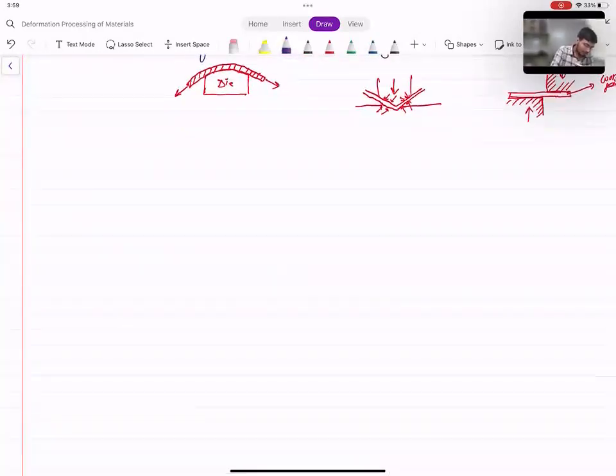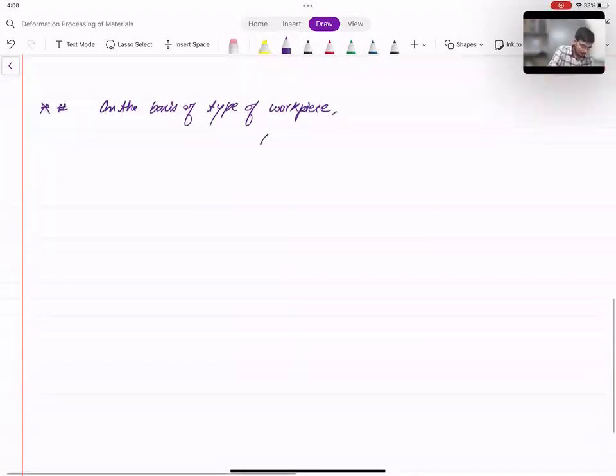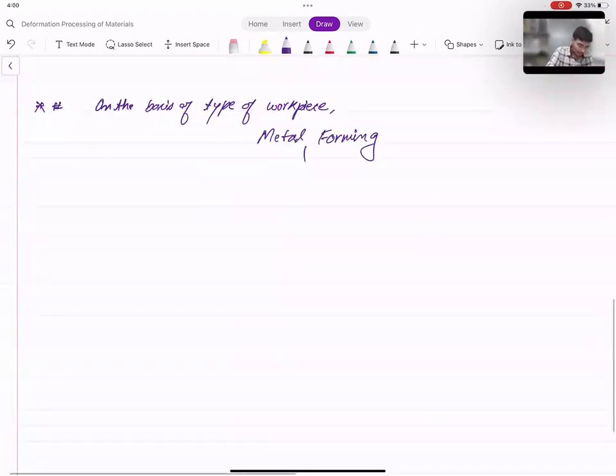Now if we see on the basis of type of workpiece, we can say that metal forming can be classified into bulk deformation and sheet metal forming.